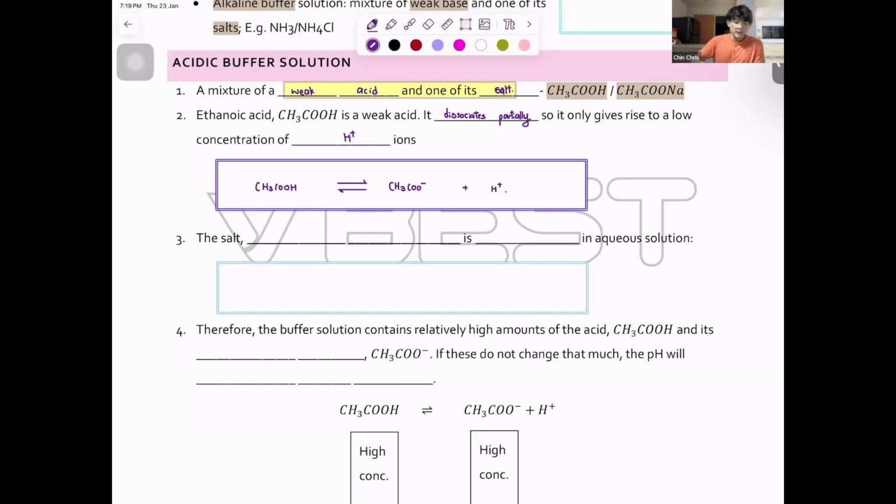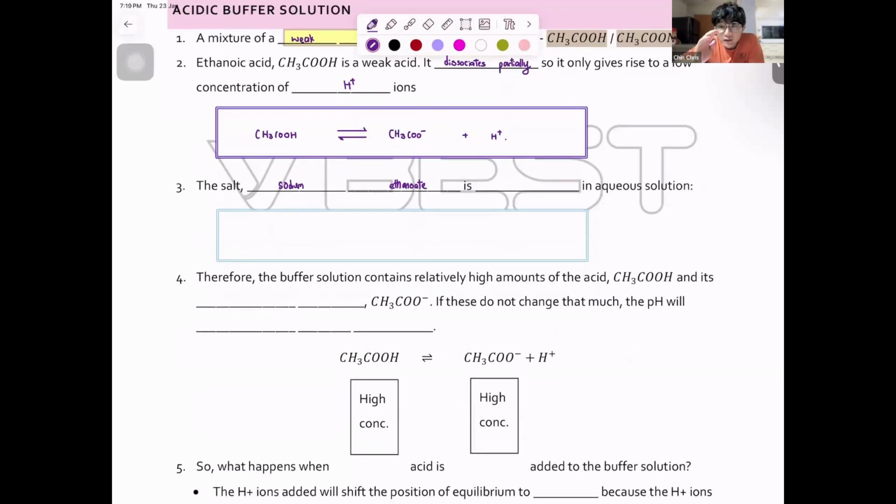And guys, what about the salt? Let's look at the salt, which is CH3COONa, so your sodium ethanoate. And the salt dissociates completely. It's fully dissociated in aqueous solution. Highlight this, write it down: salt always dissociates fully in aqueous solution.